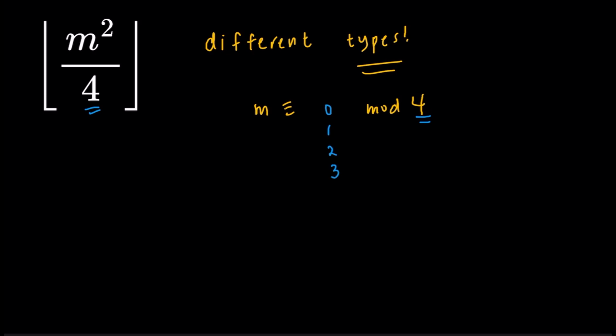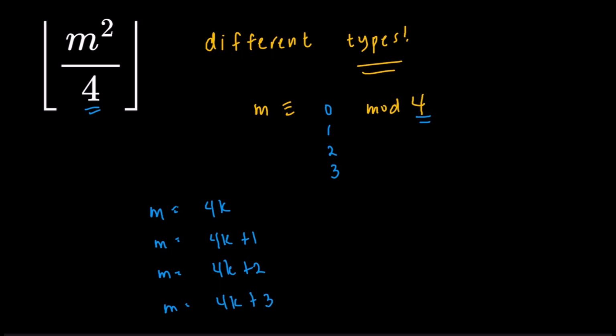So I could write m as 4k, the 0 mod 4 case, so it's a multiple of 4. I could also write m as 4k plus 1, 4k plus 2, and 4k plus 3. Those are the 1, 2, and 3 mod 4 cases.